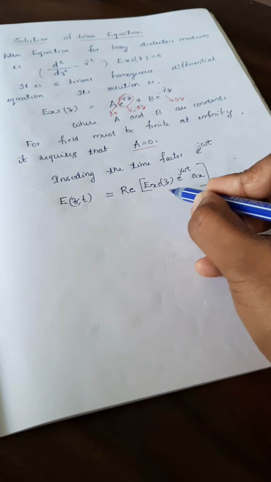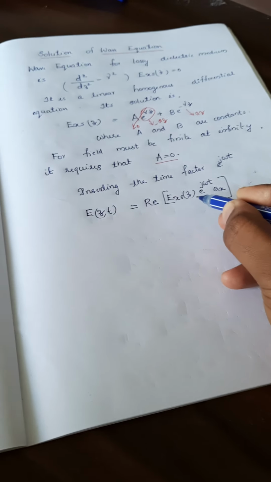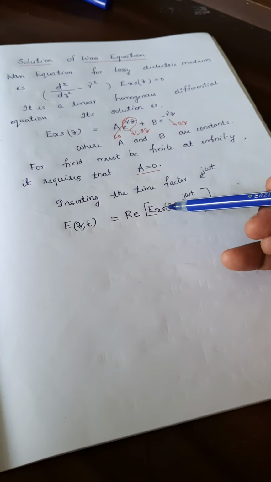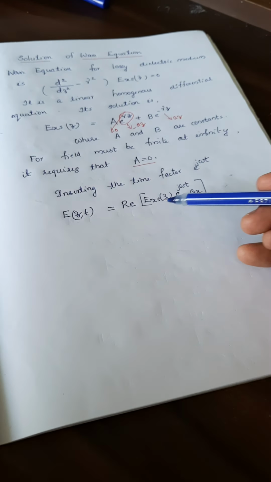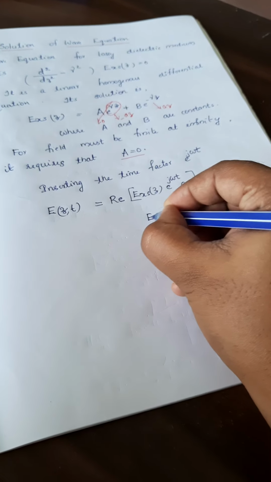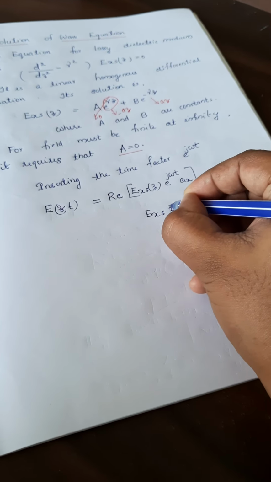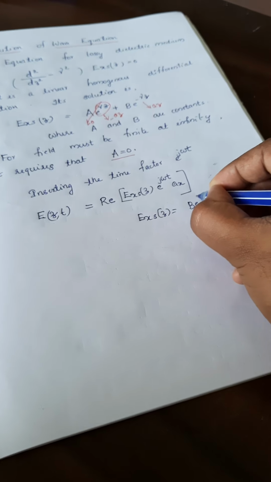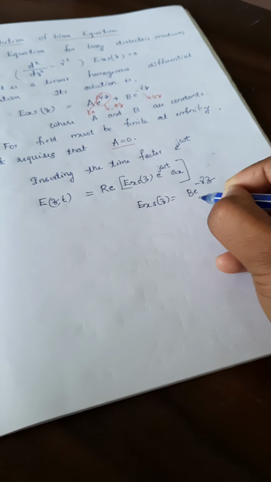In this, we are going to substitute the Ex of z, that is the solution of this differential equation. We already wrote Ex of z as B e raised to minus gamma z.